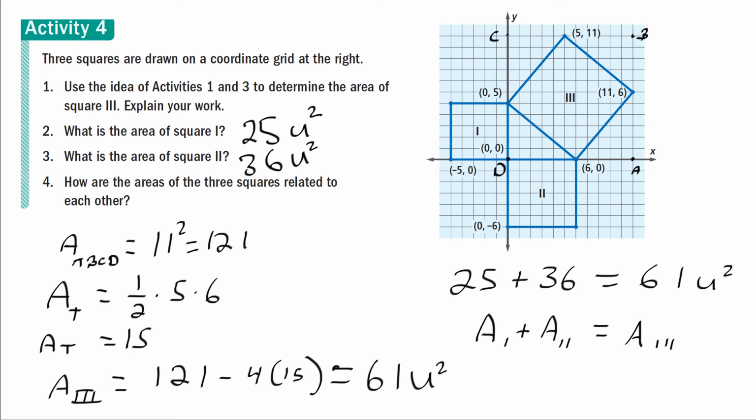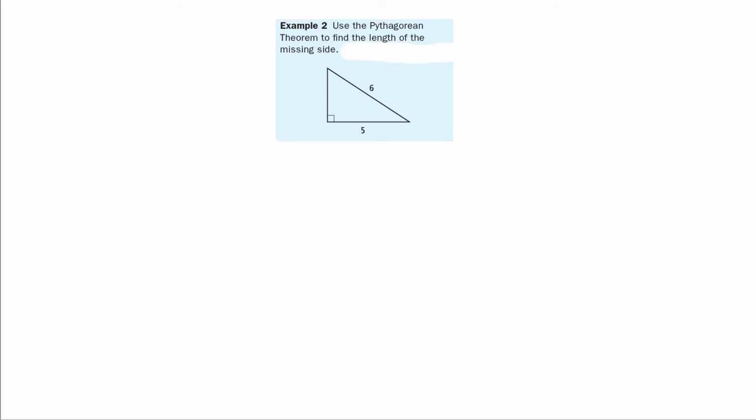Use the Pythagorean theorem to find the length of the missing side. Okay, we know from the Pythagorean theorem that a squared plus b squared equals c squared. This is leg 1 squared plus leg 2 squared equals the hypotenuse squared.